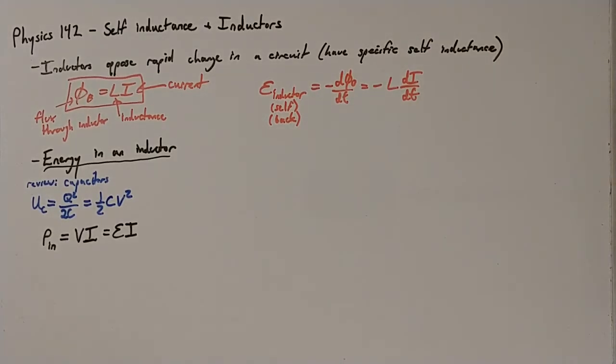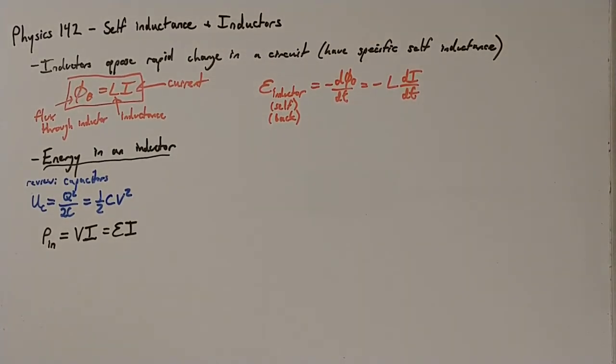In this video, I want to talk about the energy that is stored in an inductor. To do that, I first want to think about other circuit elements that store energy. You might recall that the main circuit element we've had so far for storing energy is a capacitor.